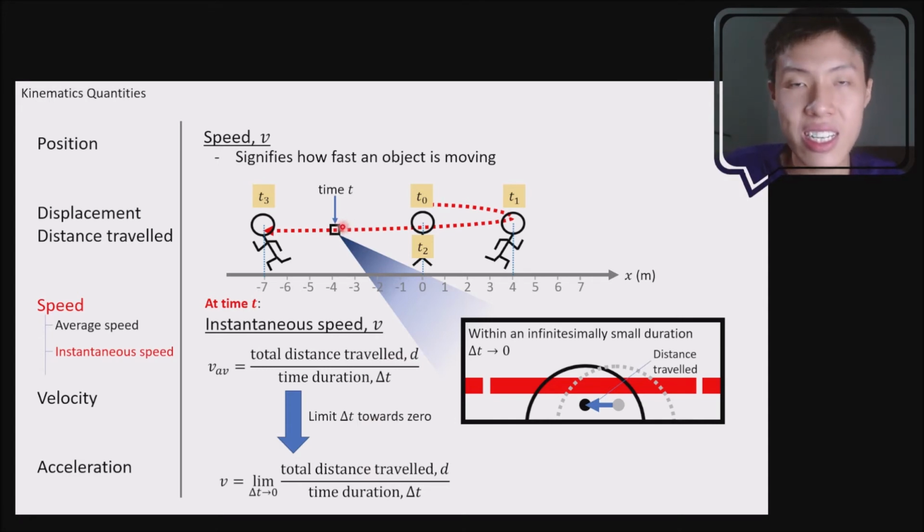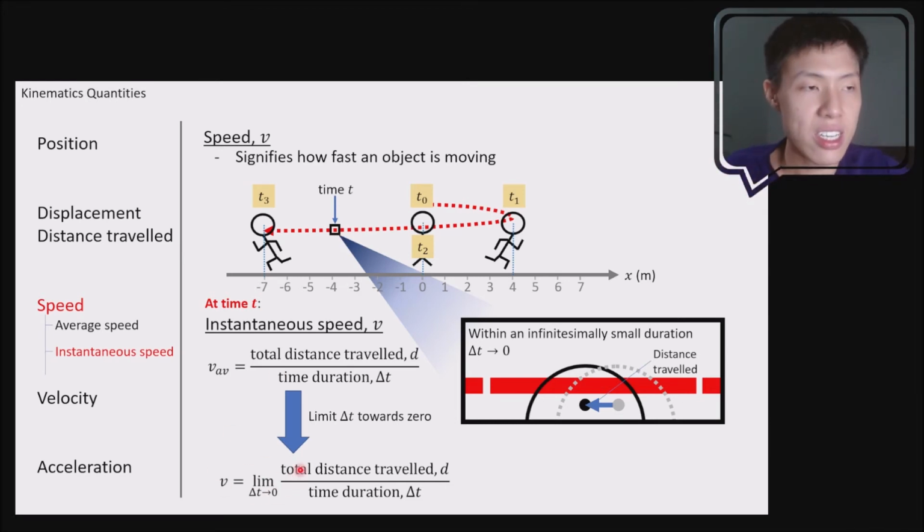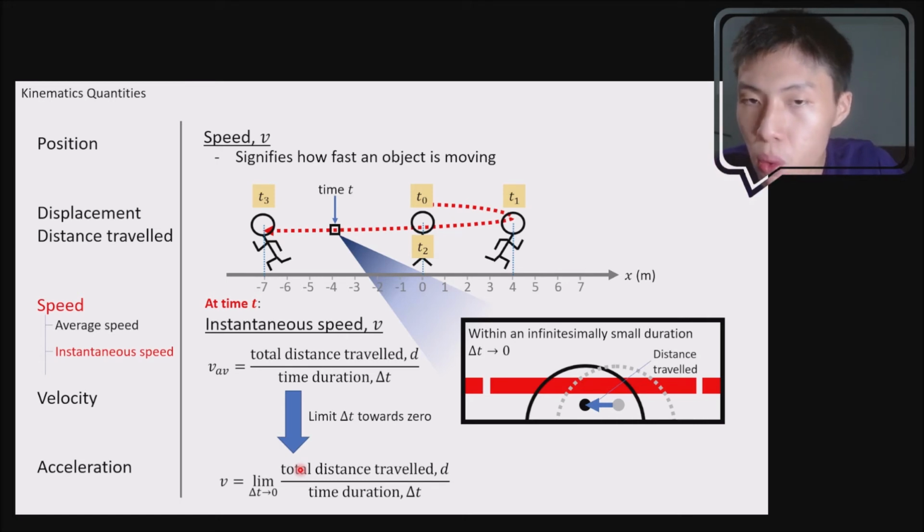Let's say t here is the 4th second. t equals 4 means t is the 4th second. So let's say 1, 2, 3, 4. When you reach time equals 4 is over here, and you want the speed at this specific moment. Theoretically speaking, I'm not saying in an actual case you need to determine it this way. Theoretically, what the limit says is you measure the distance traveled from 3.9999999 seconds to 4.000000001 seconds.